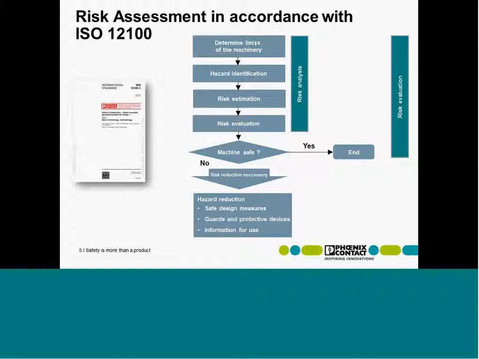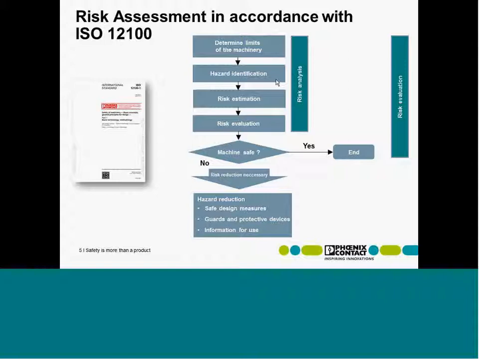So from that, you will move to the second step, which is called hazard identification, as you see it here. The hazard identification is related to the hazard list as we have seen before. You have to allocate the hazards which matter to your machine, and you have to say, okay, this mechanical hazard is related to my machine. This electrical hazard maybe is not related to my machine.